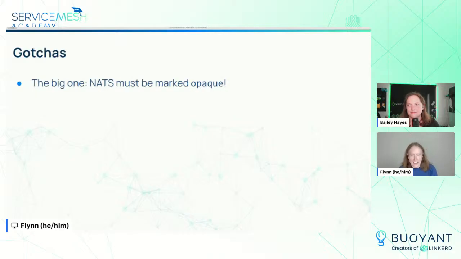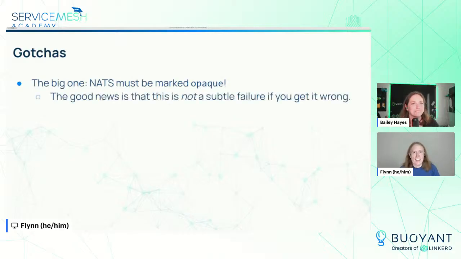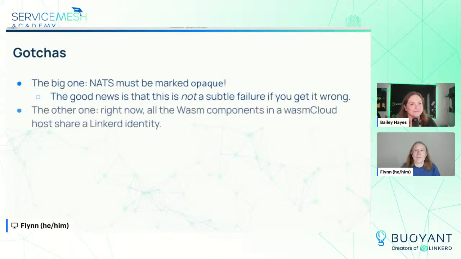The good news is if you forget this, it is not a subtle failure. Nothing works. wasmCloud refuses to come up. It is immediately obvious that something is wrong. So that's the good part. You don't get weird, subtle things. You get big, immediate, horrible things.